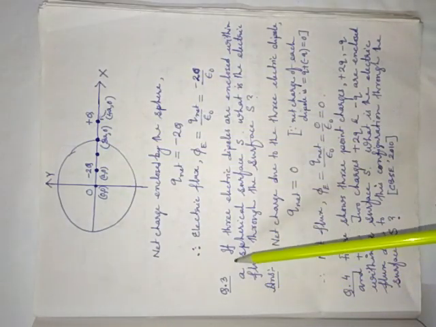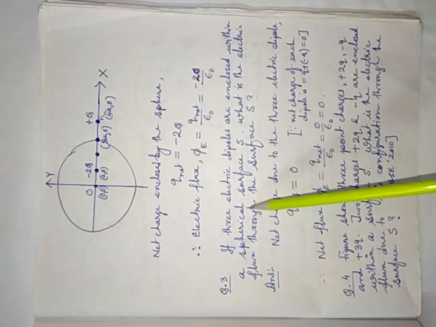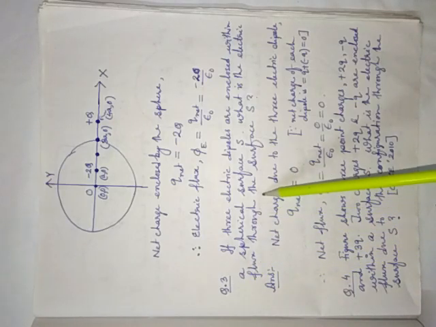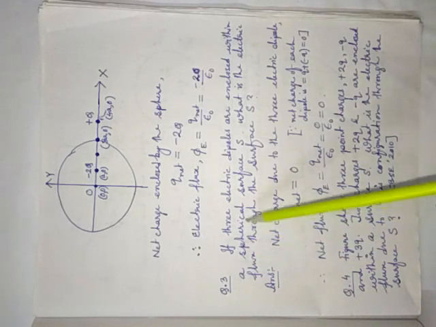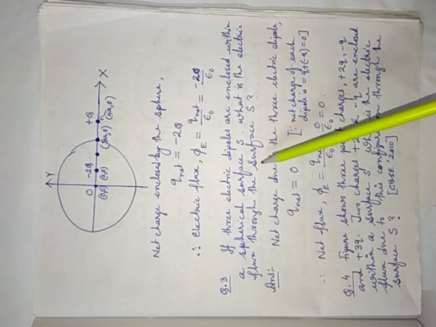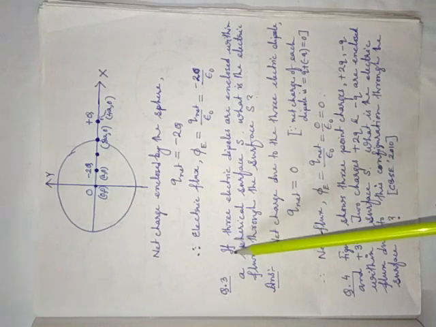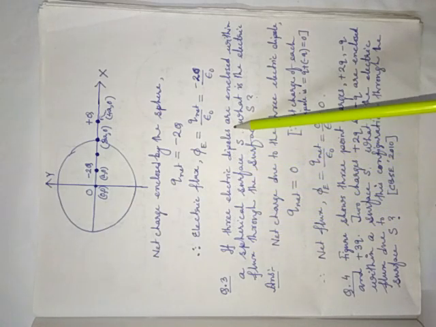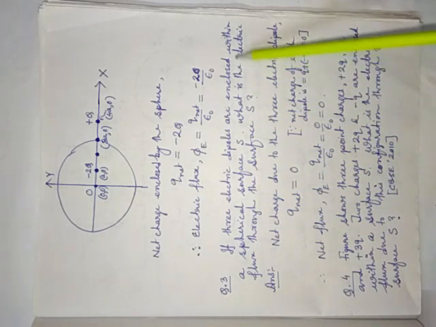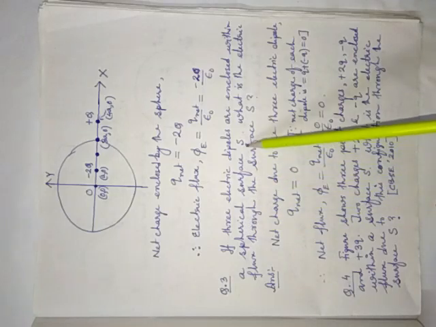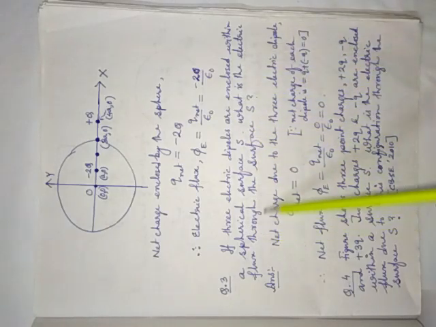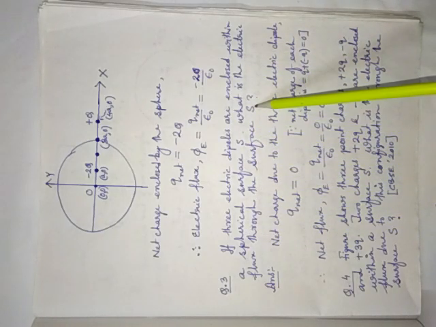Next one, question number 3. This type of question has come in the Assam board also. Suppose a 1 mark question related to Gauss's theorem or any application. If 3 electric dipoles are enclosed within a spherical surface S, what is the electric flux through the surface S?